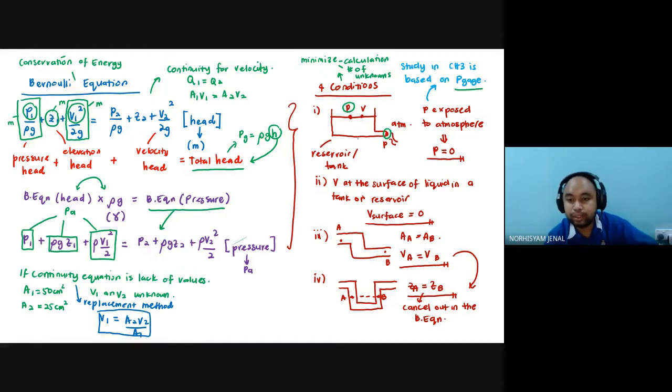Number 2, in terms of reservoir and tank also, V at the surface of the liquid in a tank or reservoir should be equal to 0. Why? Because we consider the movement of water over here is really slow, going up and down or flowing from side to side.